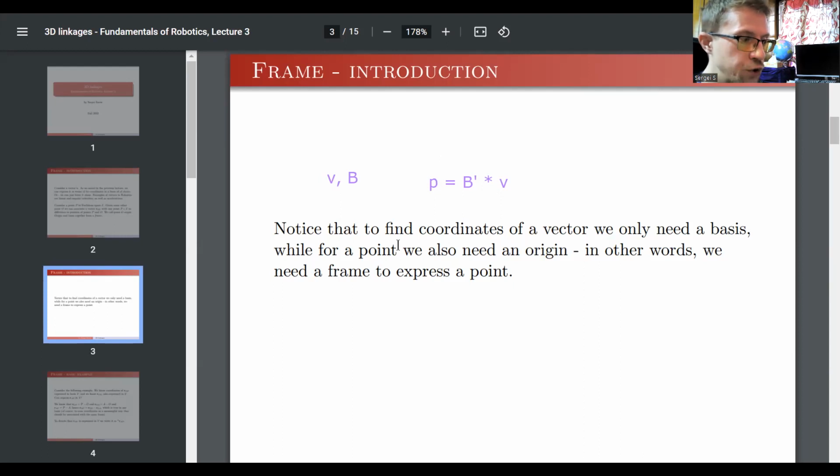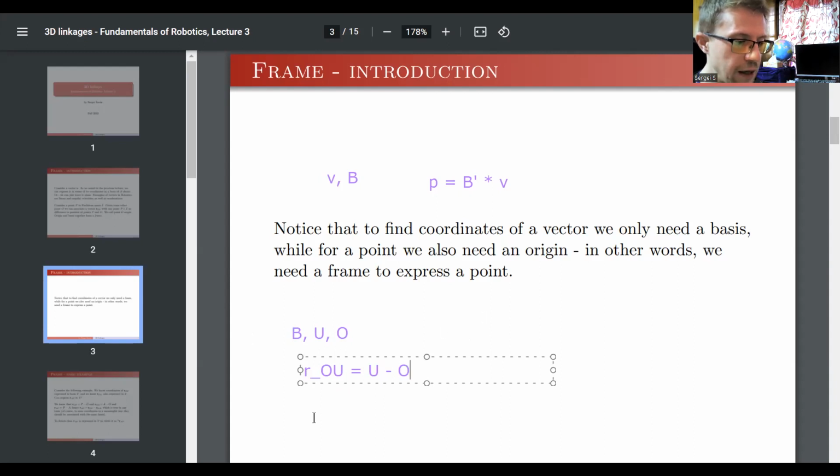But for points, you also need an origin. So if you have a point and a basis, let's say we have still basis B, and a point Q and origin O. First we find R OQ, the vector of Q with respect to O, which we find as a distance from one point to another.